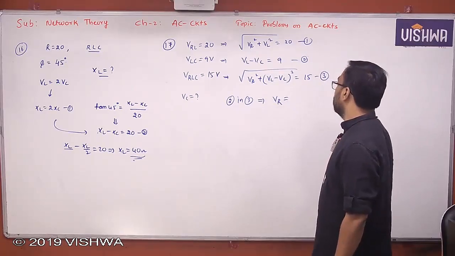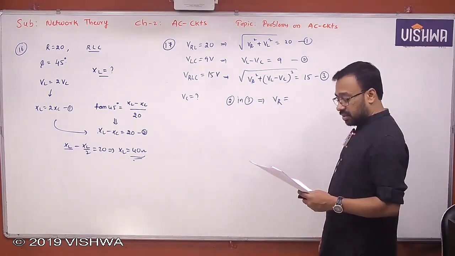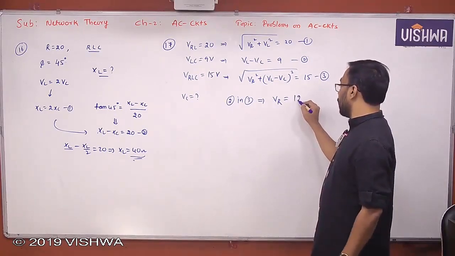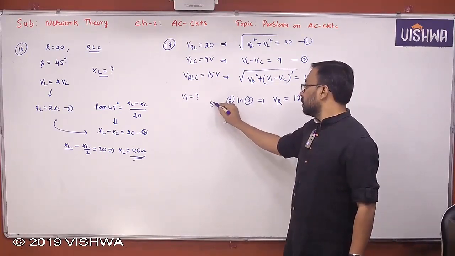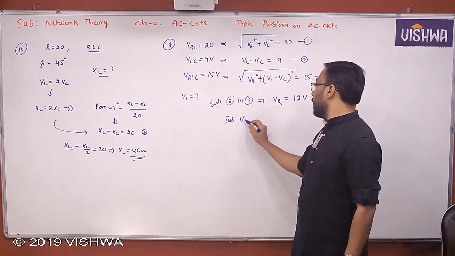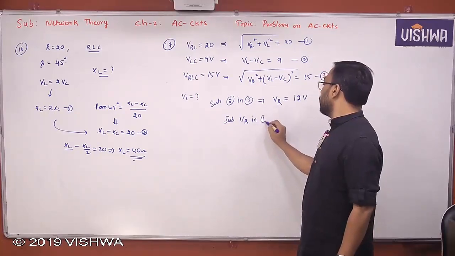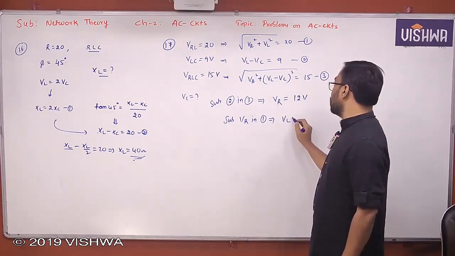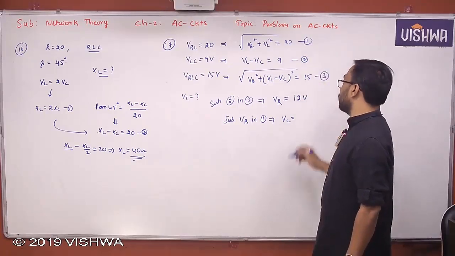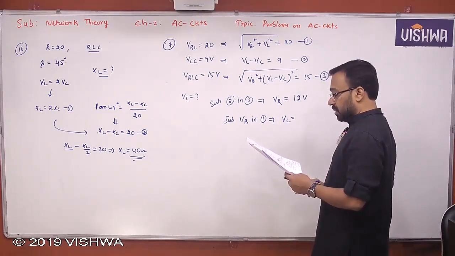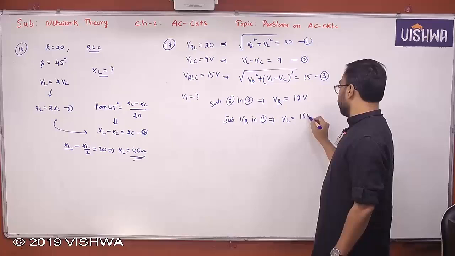I can tell you the answer directly here. Please note down that the value should be 12 volt. And substitute VR in equation 1. Then you will get VL. So what is VL? Square root of 20 square minus VR square. Once you substitute that here, you will get 16 volt.